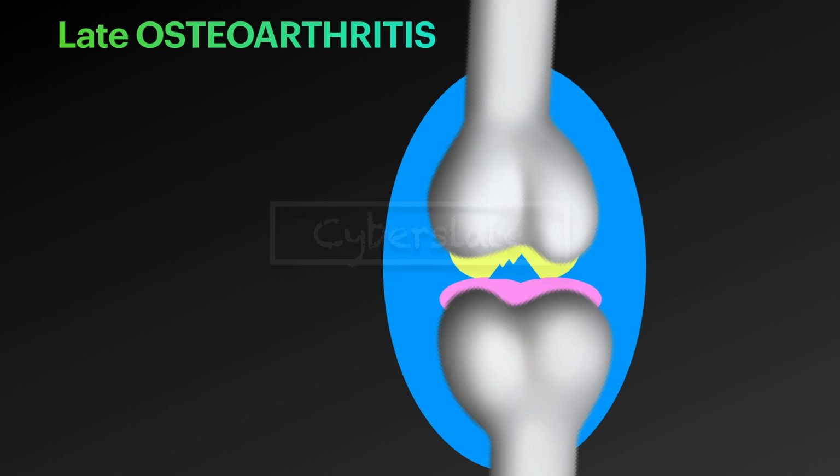Since we all know collagen type 2 is present in the cartilage, which is degraded in the presence of some chemicals secreted by chondrocytes.